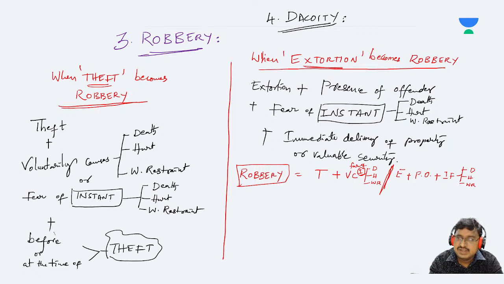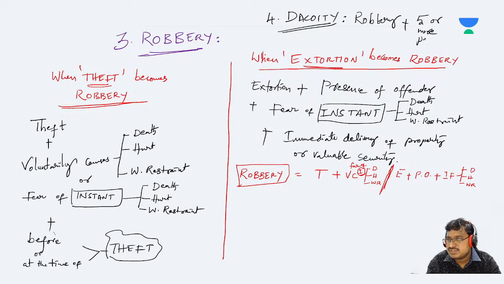Friends, whenever a robbery has been committed by 5 or more persons, it becomes a dacoity, friends. Therefore, whenever a robbery has been committed by 5 or more persons, it becomes dacoity.